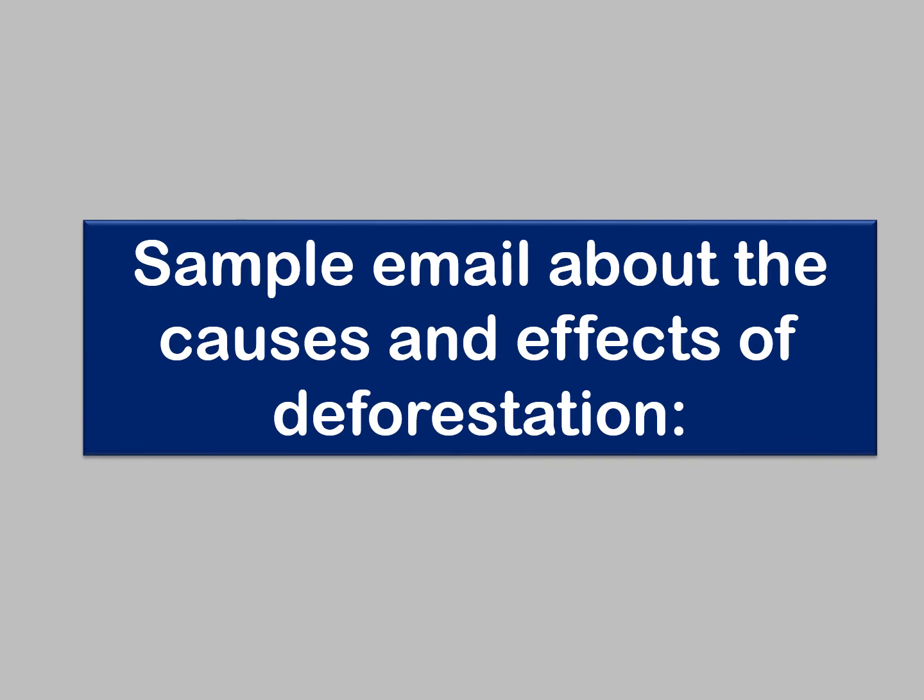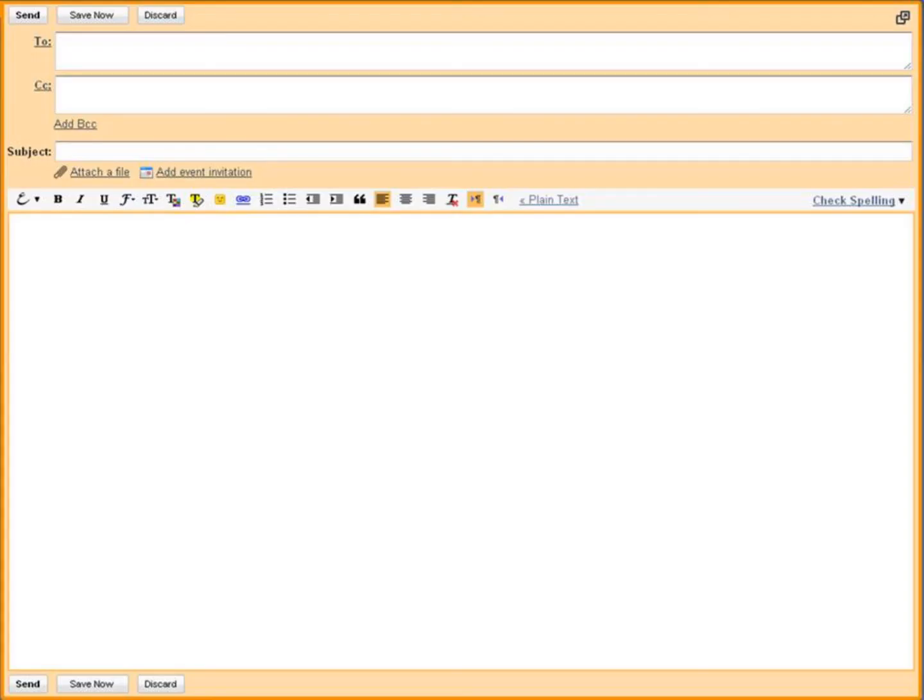Before we finish, let me give you a sample email about the causes and effects of deforestation that I've written myself. So here is the email of the receiver. I CC'd myself, and the subject line title: causes and effects of deforestation.